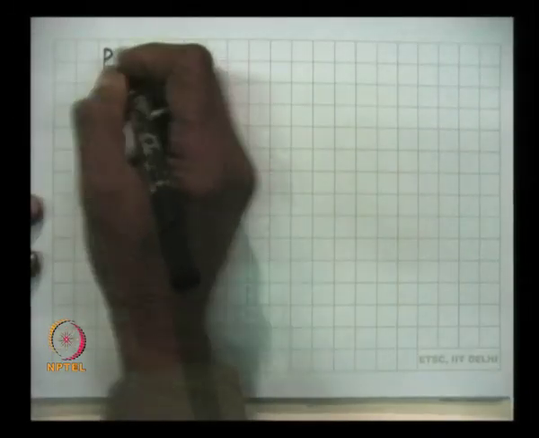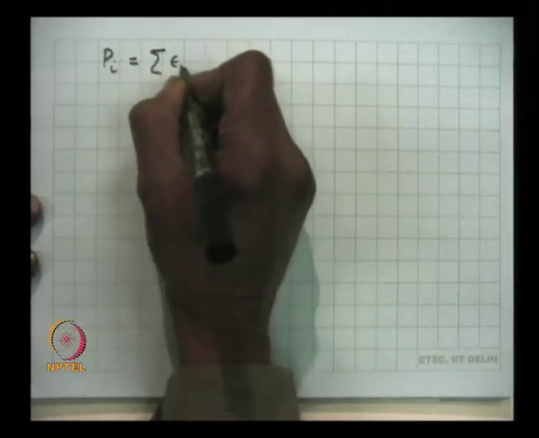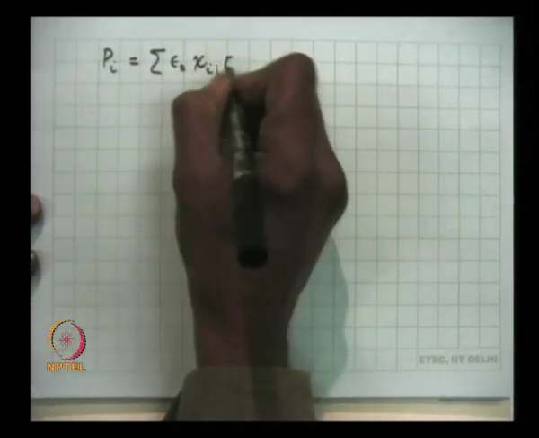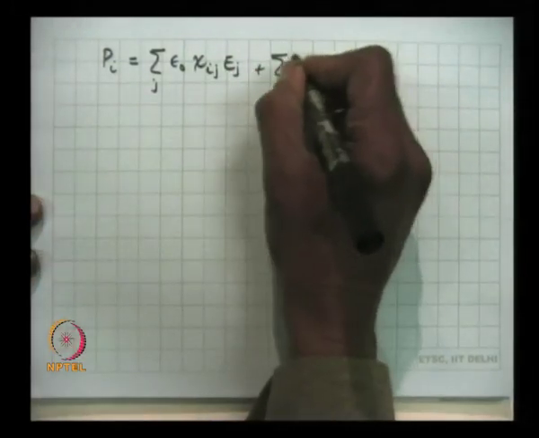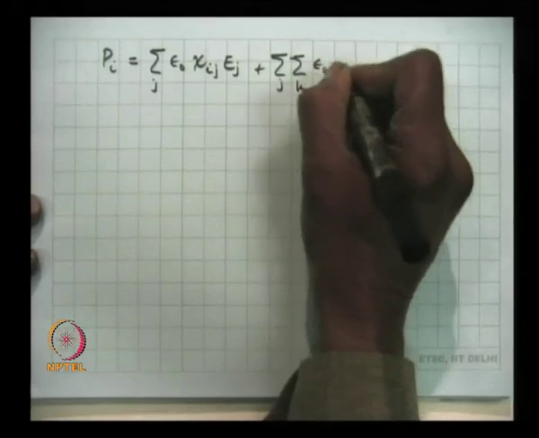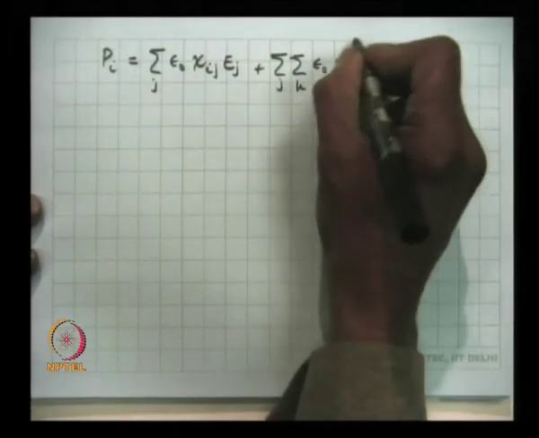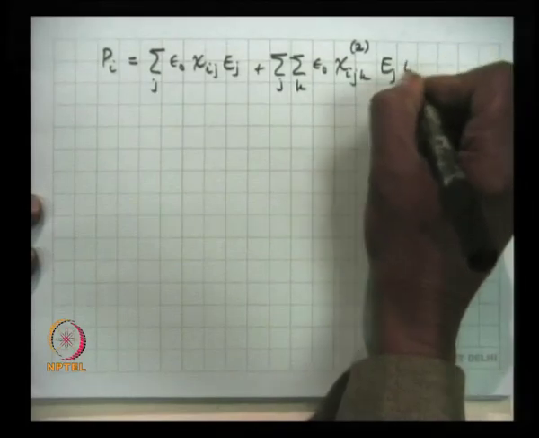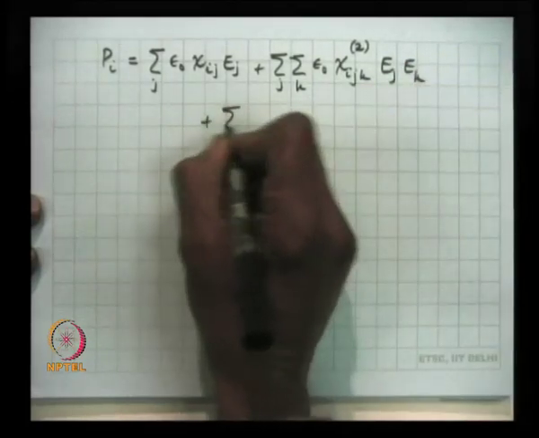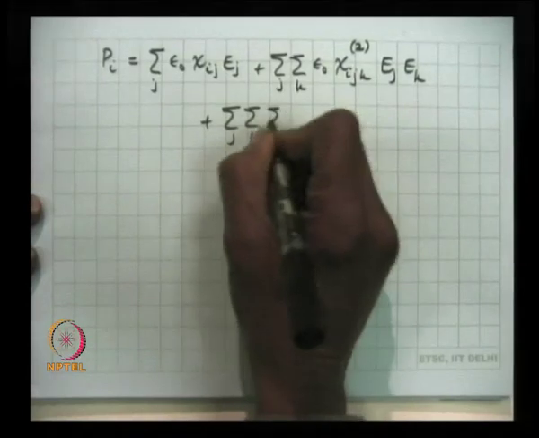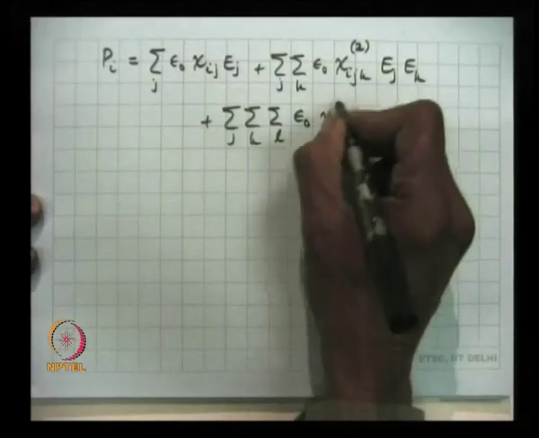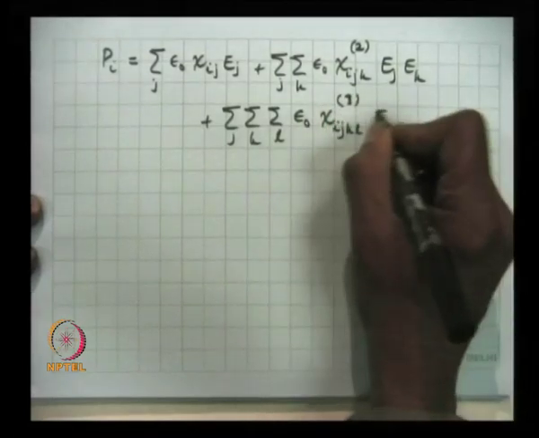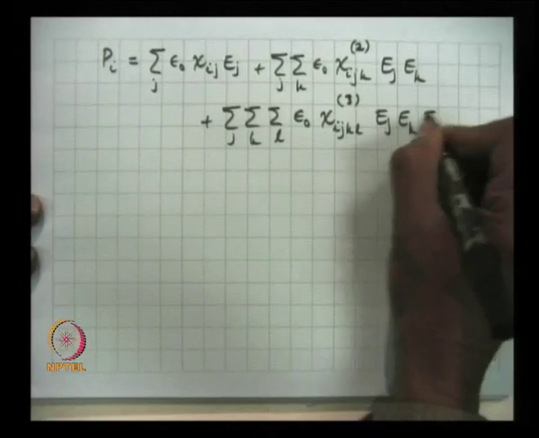P i, the ith component of the polarization, is sigma epsilon 0 chi i j E j, sum over j, plus sum over j sum over k epsilon 0 chi i j k 2 E j E k, plus sum over j sum over k sum over l epsilon 0 chi i j k l 3 E j E k E l.